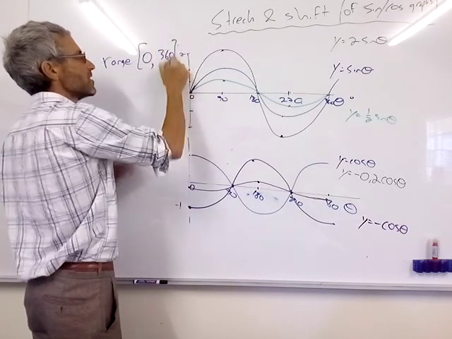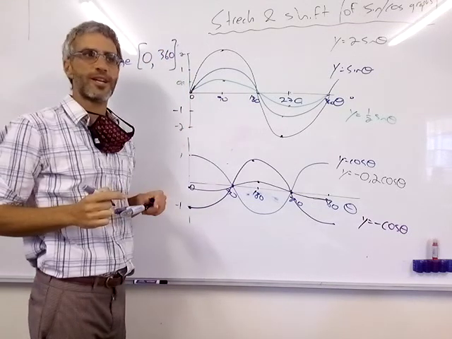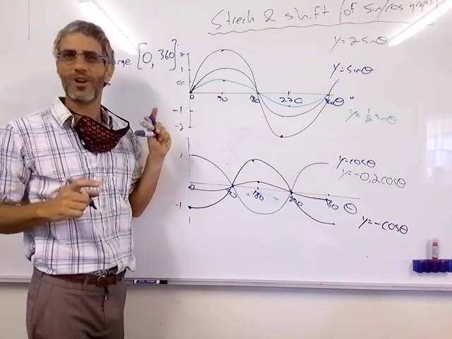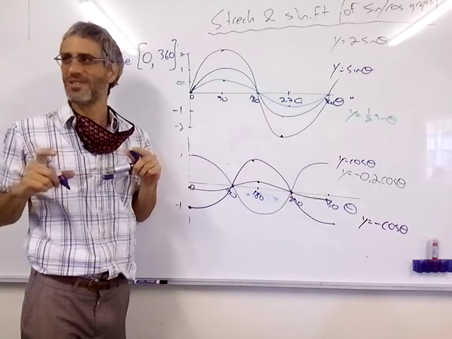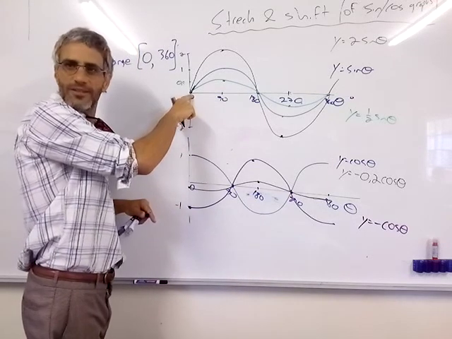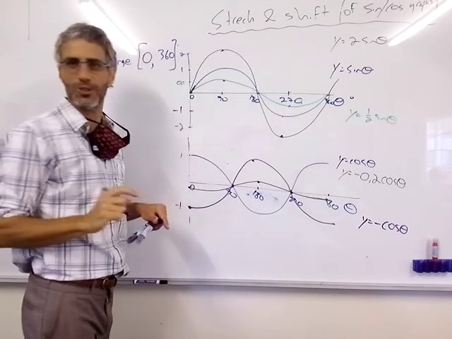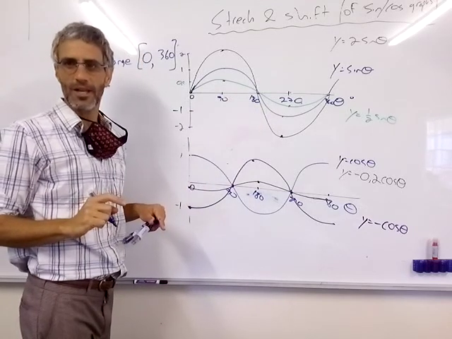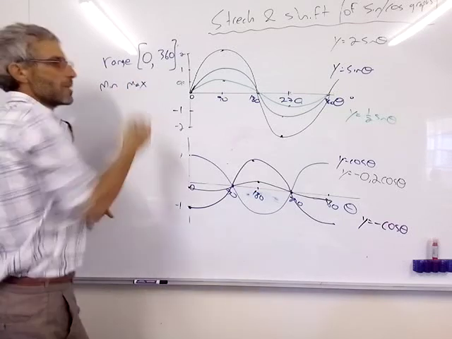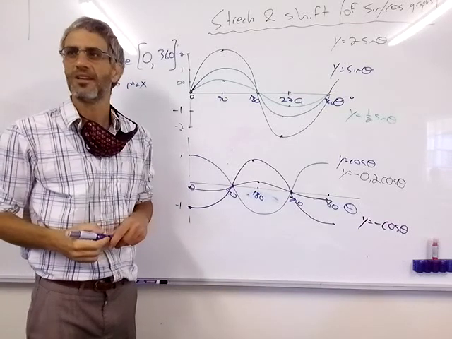Why am I using these straight brackets? Do you remember the square brackets? What does that mean? We learned that earlier in the year. Included. So 0 is included there, and 360 is included. Then minimum and maximum. What do you reckon minimum and maximum mean? The least and the most.